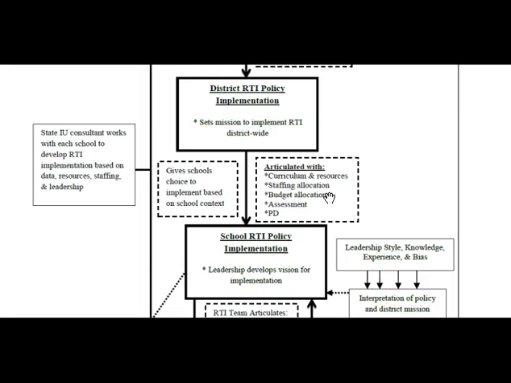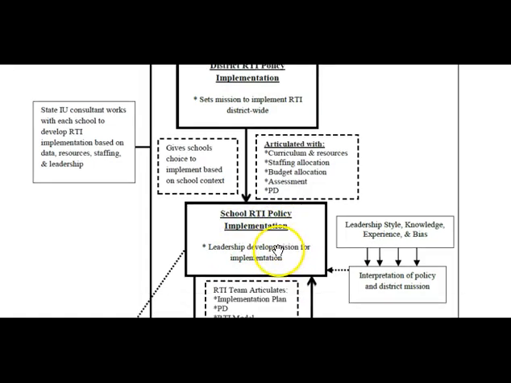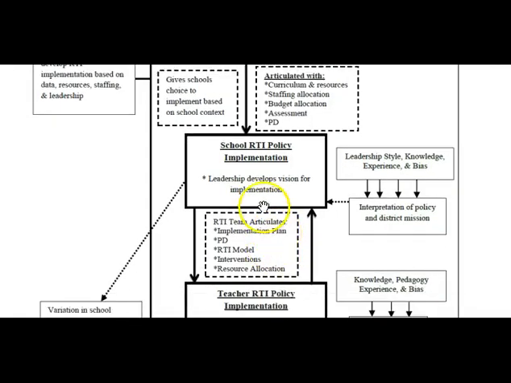Sometimes the budget allocation is from a district level, especially for initial implementation, but nonetheless, there might be some wiggle room for the schools in terms of getting more of something or less, or spending it to add on or to supplement the curriculum. Typically, there are assessments that come along with any new curriculum or policy, as well as professional development. And so then the schools implement the curriculum, all right?